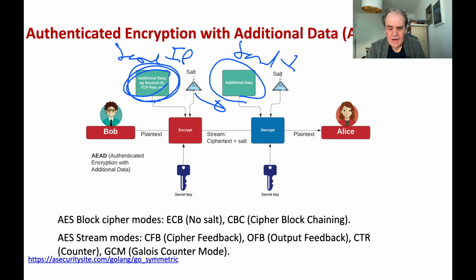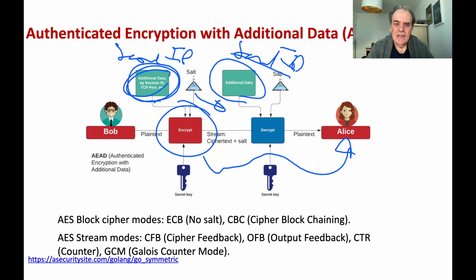So as long as Alice knows the session ID of the data that's being sent, then she'll be able to recover that and put that into the decryption process. But it can also be other things like the IP address of Bob, or any additional data that can be added to it. This will mean that for a different session, it's not possible for Eve to play back the data to Alice, because when she adds a different session ID, then the decryption process won't actually work.